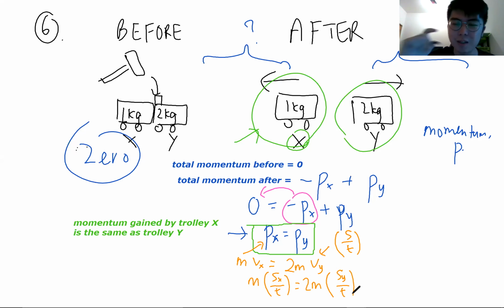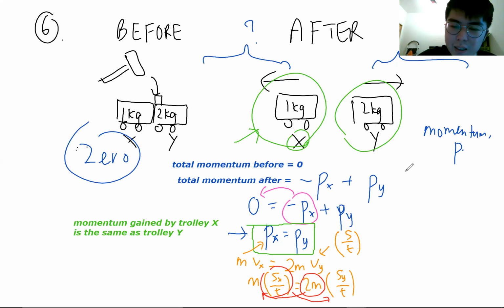Now from here, what do you do? You bring this one over there and bring this one over here. Means you exchange the places because we want to see the ratio, right?